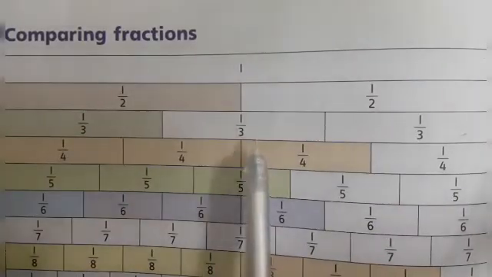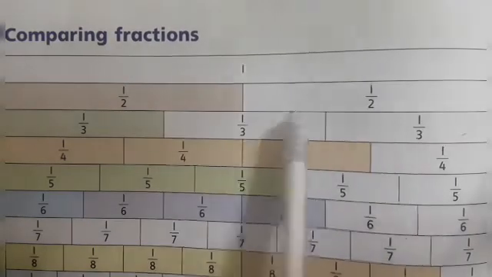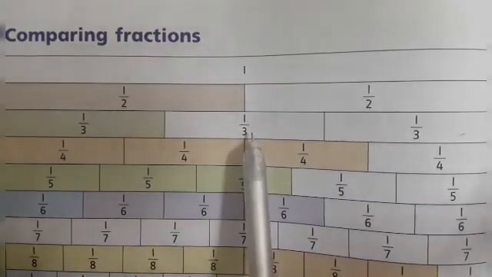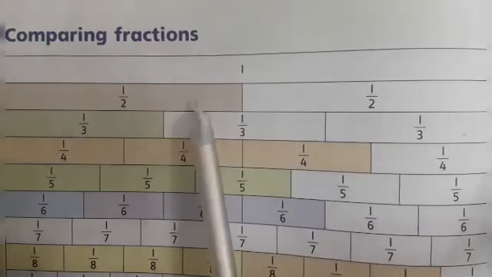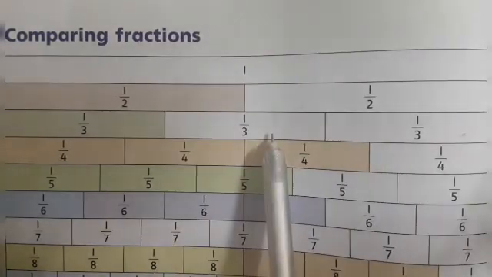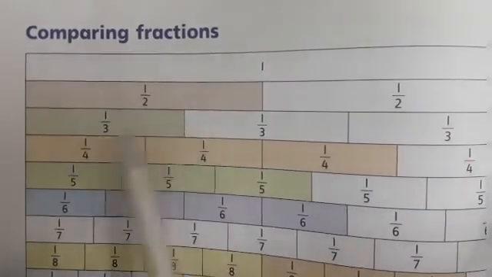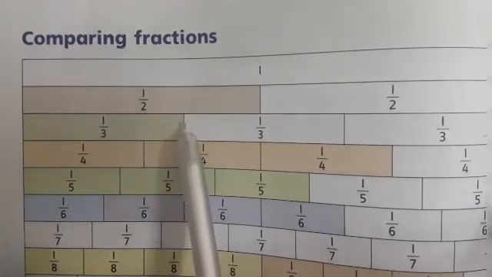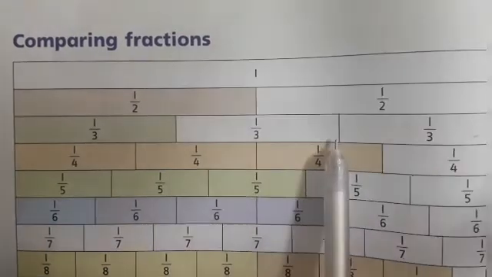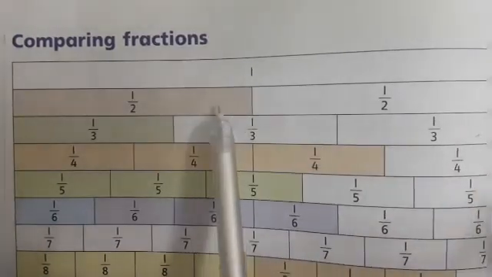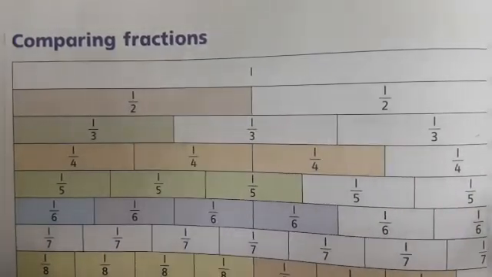As you can see in this table, 1 by 2 and 1 by 3. Okay, so which is the greater, 1 by 2 or 1 by 3? You can see this portion is greater, 1 by 2 and 1 by 3. The parts of 1 by 3 are less, so this number is greater.